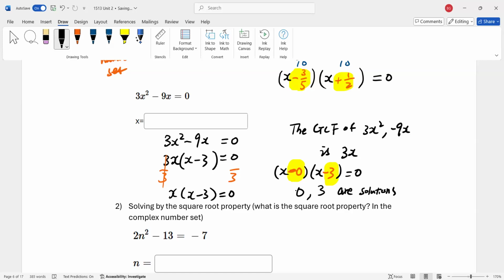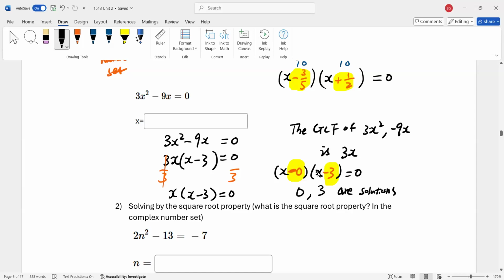Solving by factoring: you want the right side to be 0, and the left side a multiplication of two parentheses. In each parenthesis, you have the variable x plus a number. In this case, we rewrote the left side as x minus 0, so the number is 0, and x plus -3, so -3 is the number in the second parenthesis.